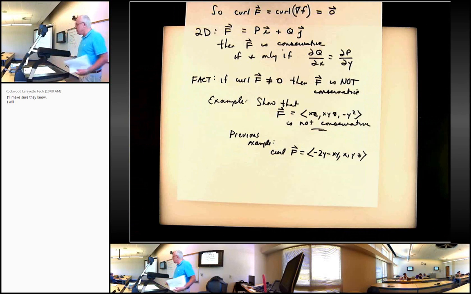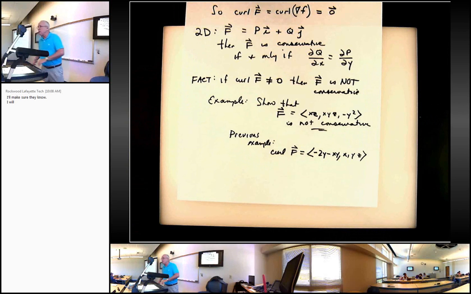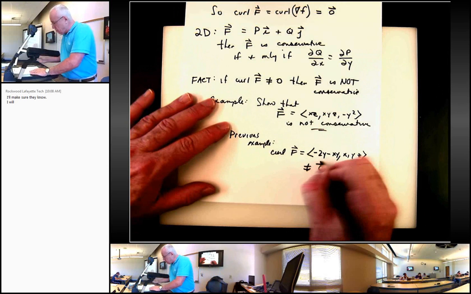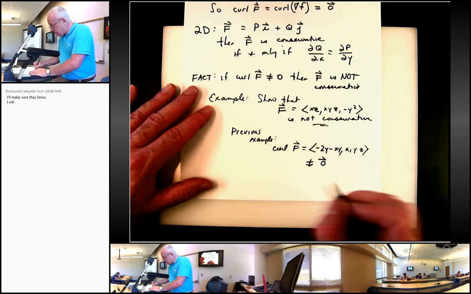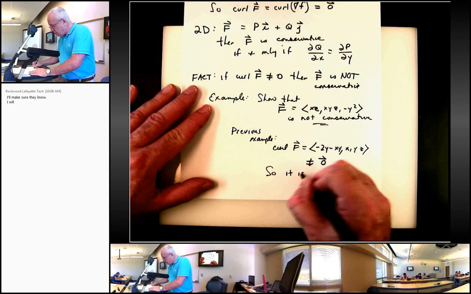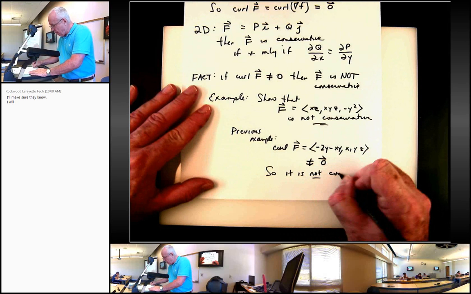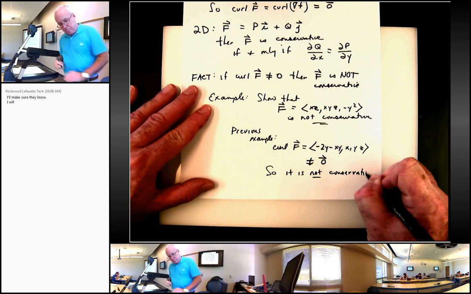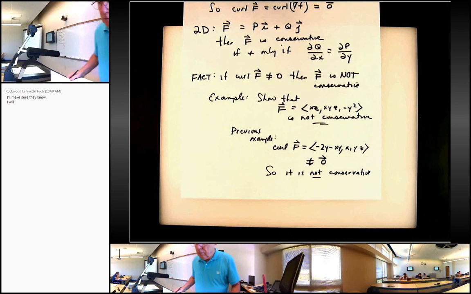Well, certainly this is not a 0 vector because x and y can be any value. So therefore, this does not equal the 0 vector, so it is not conservative. Okay. All right.